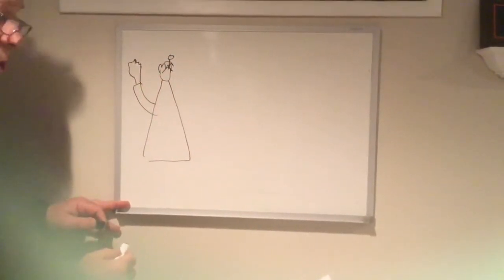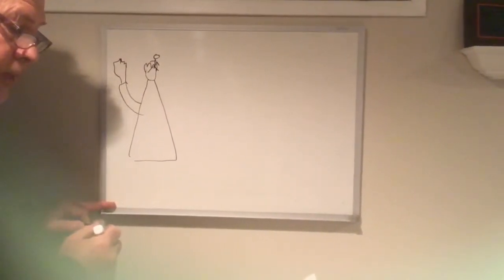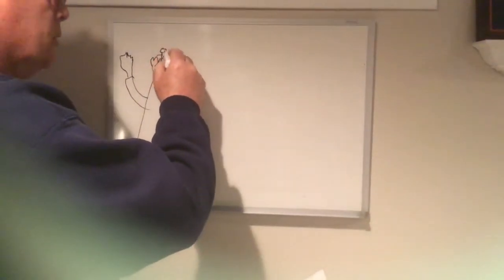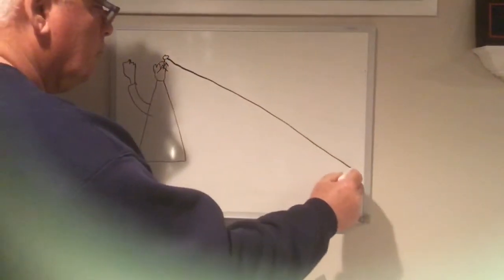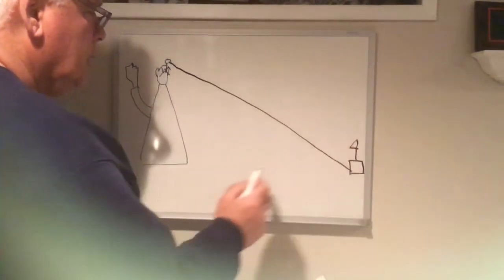The tourist sees a ship coming into the harbor and measures the angle of depression as 18 degrees. I'm running out of space here. So here's our ship coming in.